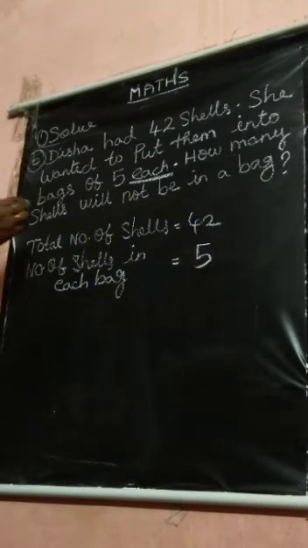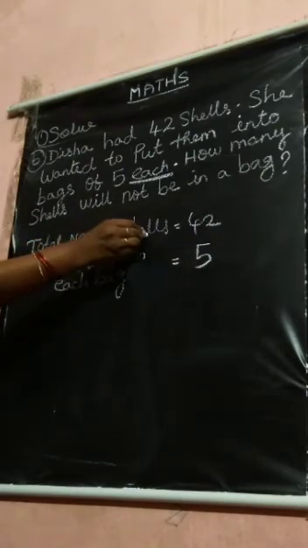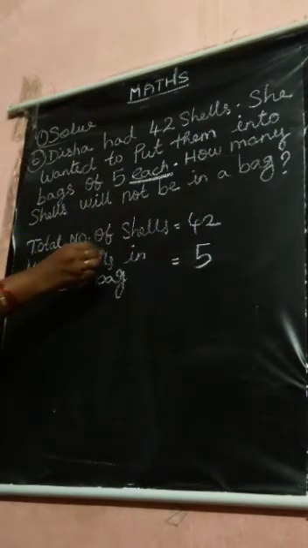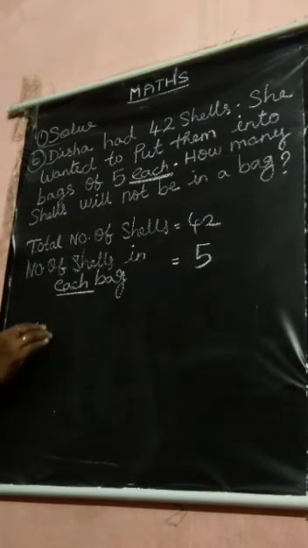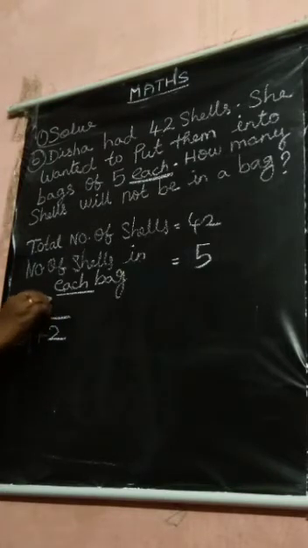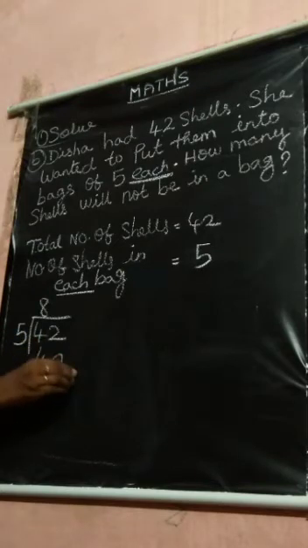The total number of shells is given. The number of shells in each bag is given. So the keyword "each" has come. Total number of shells is given, so you are going to do the division. 5 eights are 40. Remainder is 2.